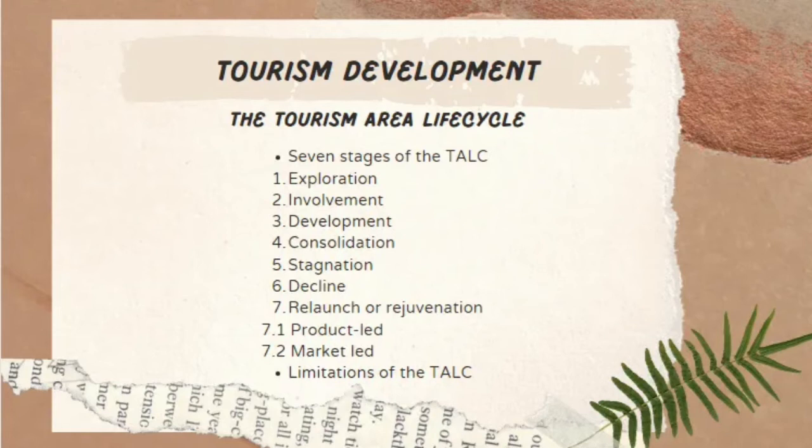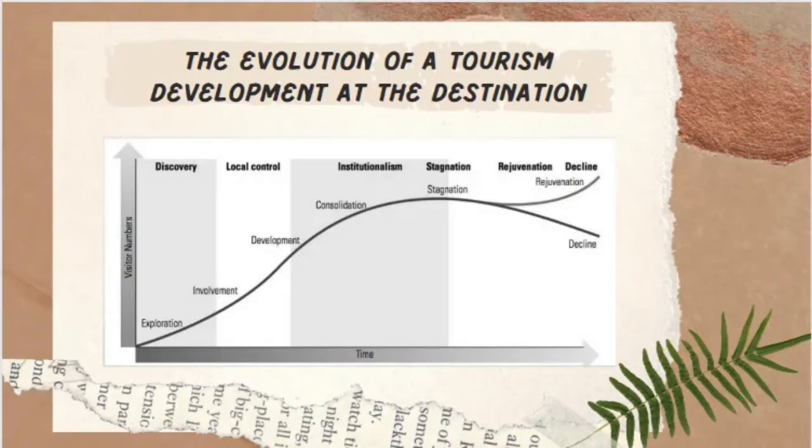It is the main diagnostic aid and is relevant as the first port of call for any serious analysis of a particular tourist area. So here is a graphical sample of the evolution of tourism development at the destination, from discovery to local control to institutionalism, stagnation, rejuvenation, until decline.